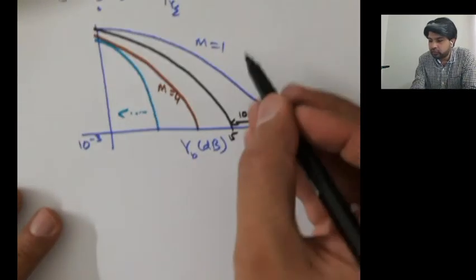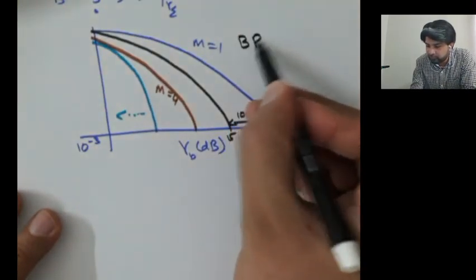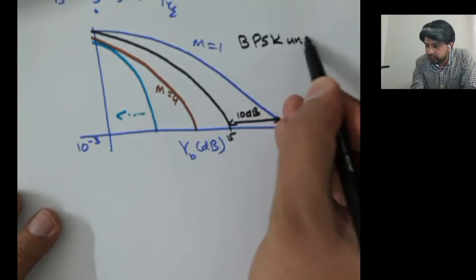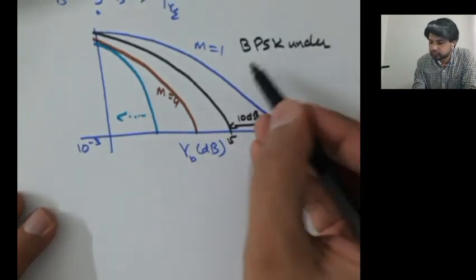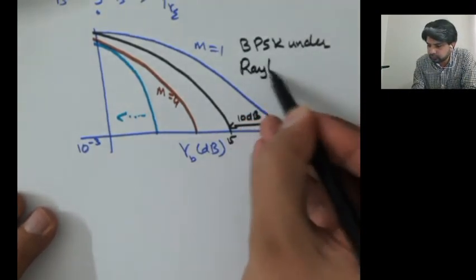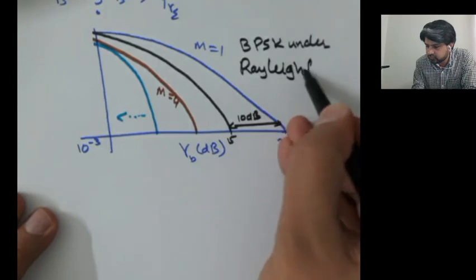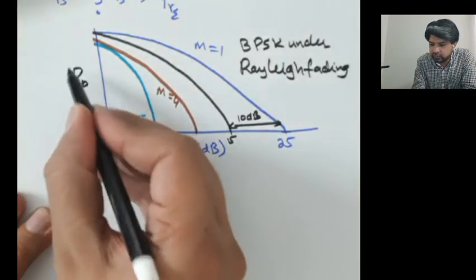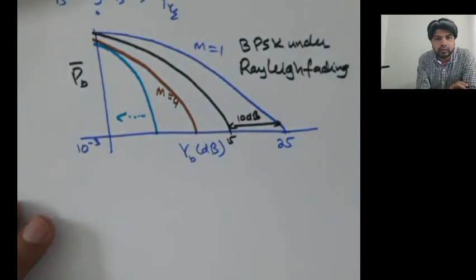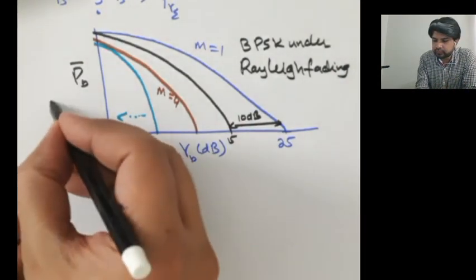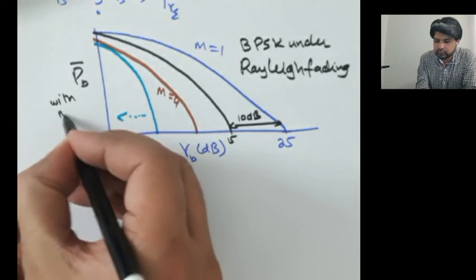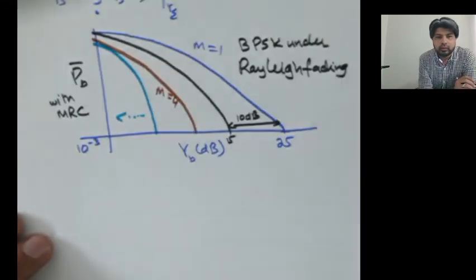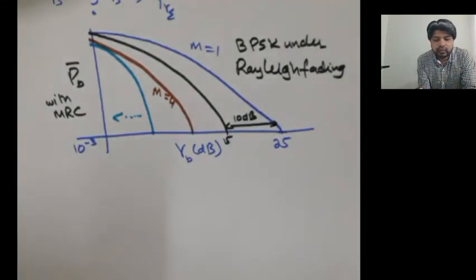Remember, this curve is for BPSK under Rayleigh fading. On this axis you have average symbol error probability with maximal ratio combining. So you would get performance gains that would keep on increasing with maximal ratio combining.